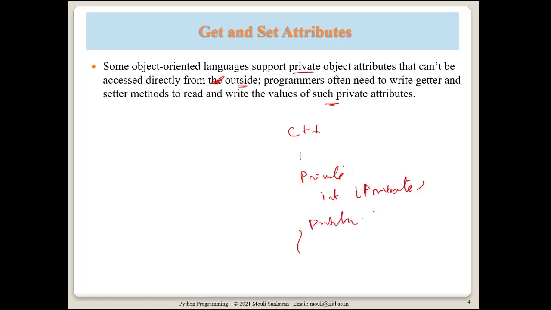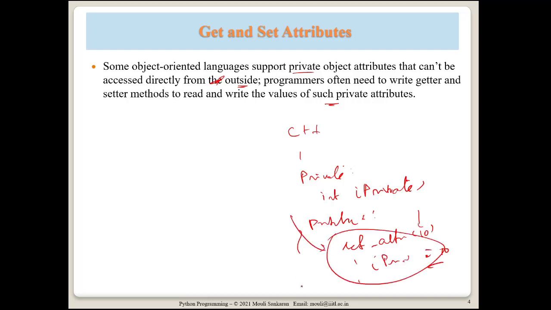We say public, and then a set attribute method, and we access this inside, private i, and whatever value is passed, we write into this. So we give public access methods, and then we provide private attributes under the private qualifier, then we provide the access. That's how we do it in C++.